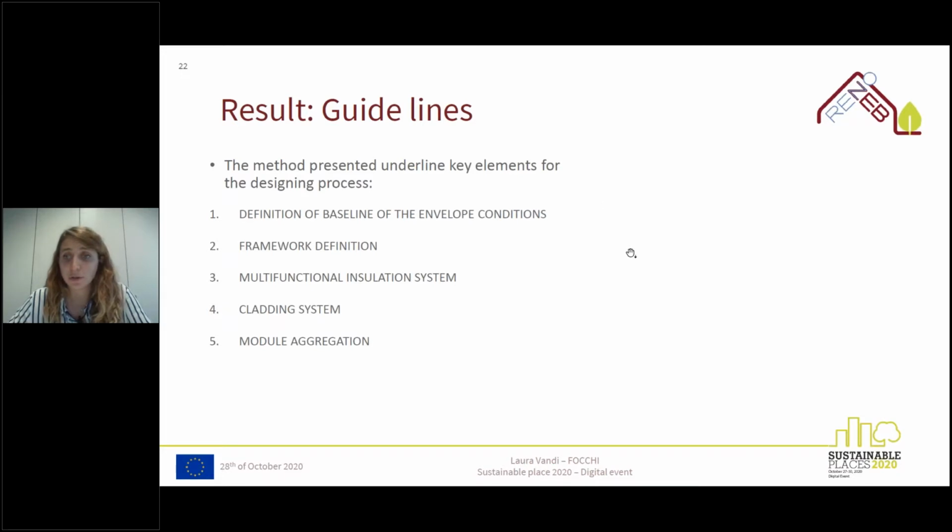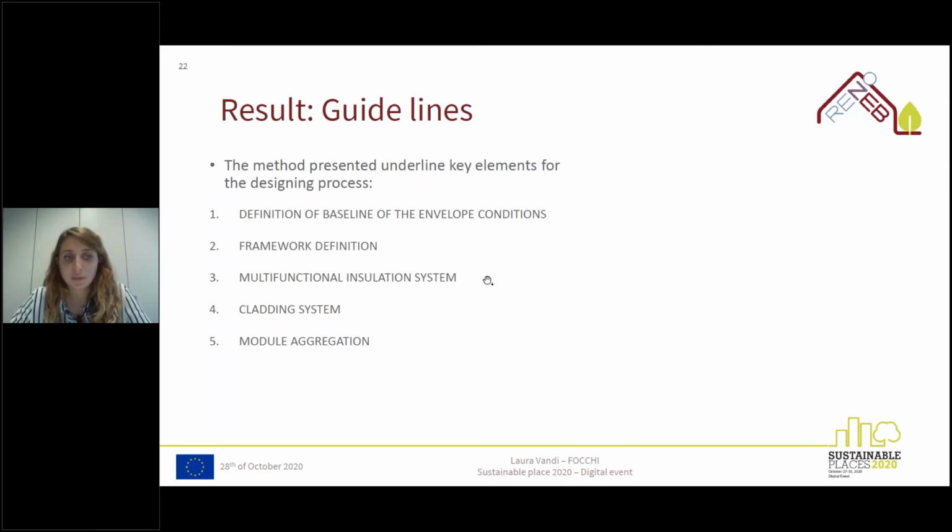As a result, for the second step, this method which I presented underlines key elements for the design process. As I said, it's important to define a baseline for the envelope condition. The second one is to develop a framework definition related to the dimension of the unit, or if there are any windows or not.